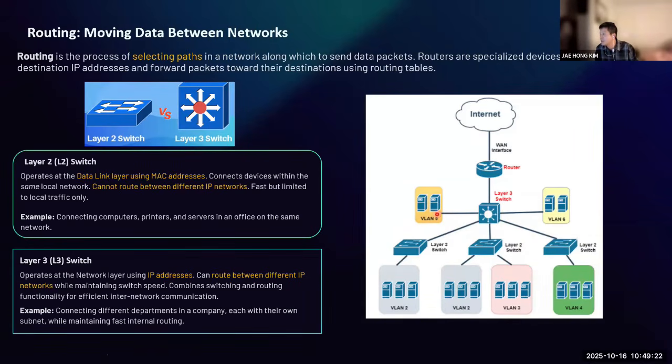That is the thing that happens in the L3 switch configuration. Okay, so the difference between L2 and L3 switch: L2 is within the same network. L3 switch allows different networks to communicate with each other. So we call this routing. That is the main keyword here.